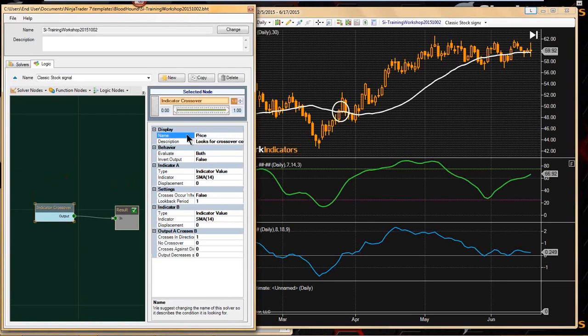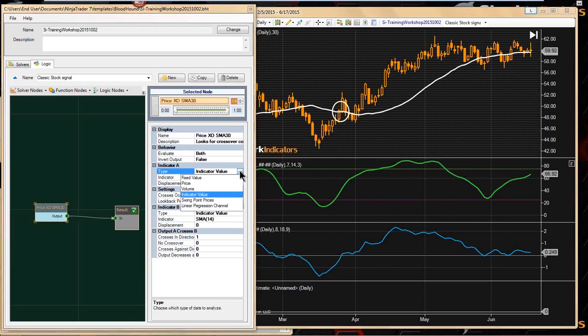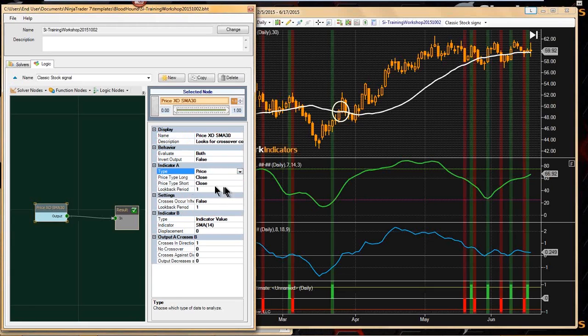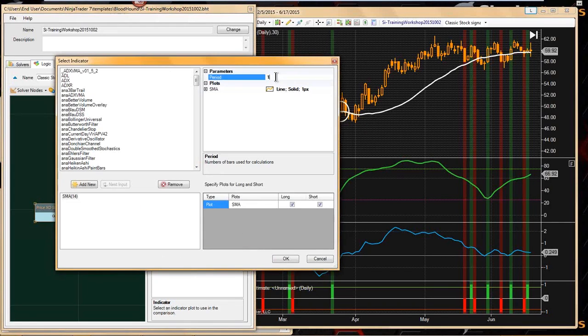So we've got price crossing over the SMA 30. All right, so I'm going to set indicator A to price. So we're going to be using the closing price of the bar, and then we want to set indicator B down here to the SMA 30.